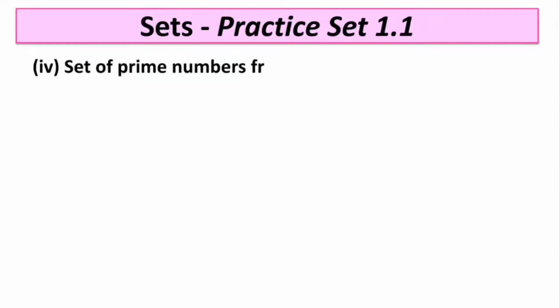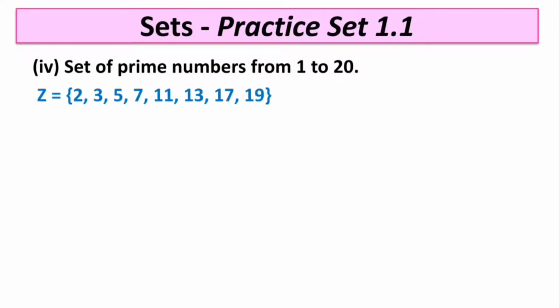The fourth problem is the set of prime numbers from 1 to 20. Write down all prime numbers in curly brackets. Here I represent this set by Z. You can take any alphabet, but make sure the alphabet is capital. Z equals {2, 3, 5, 7, 11, 13, 17, 19}.